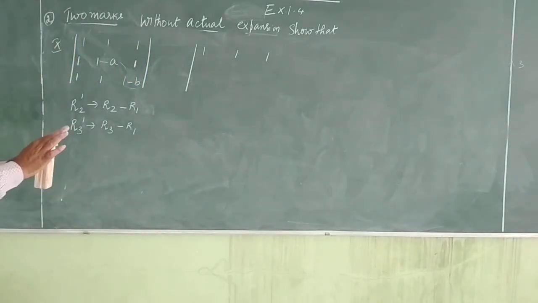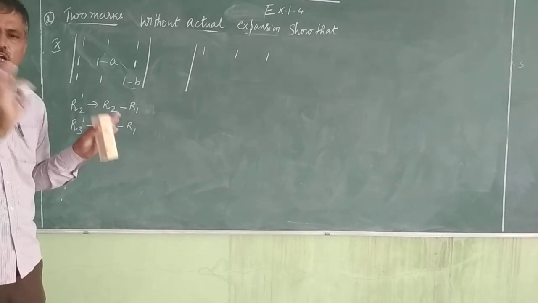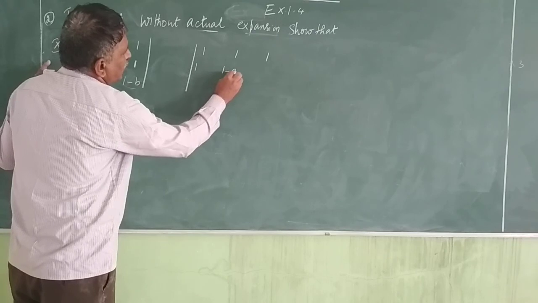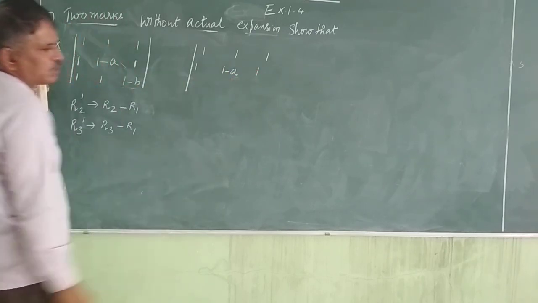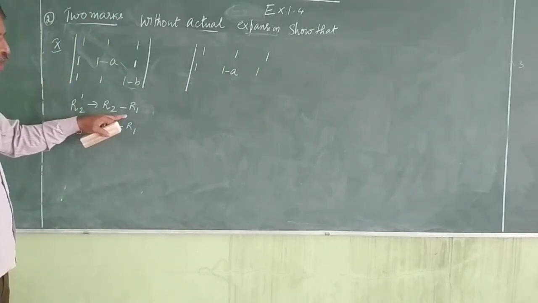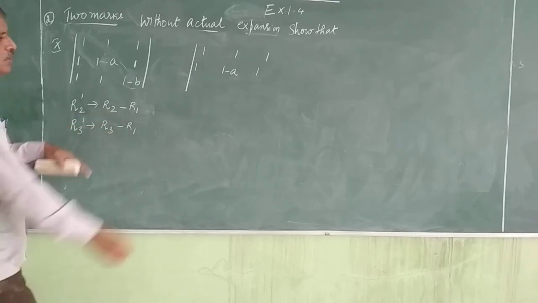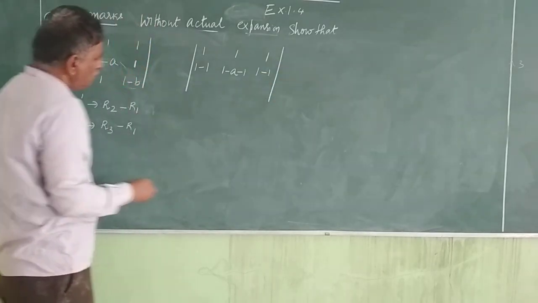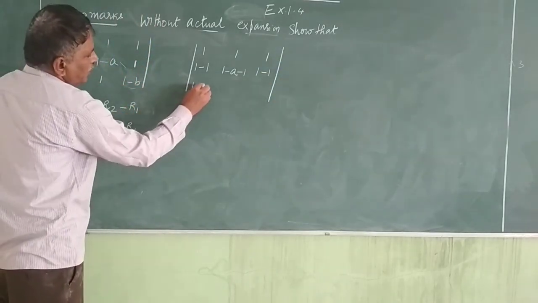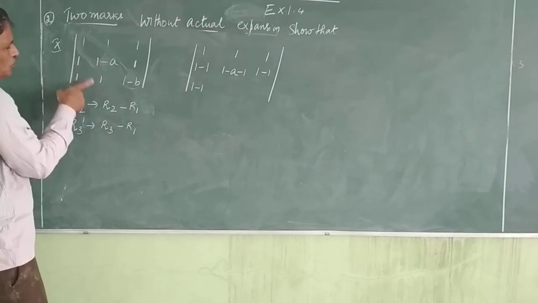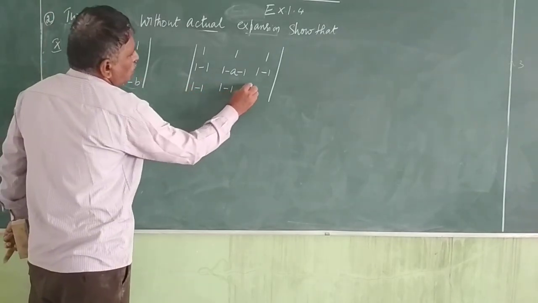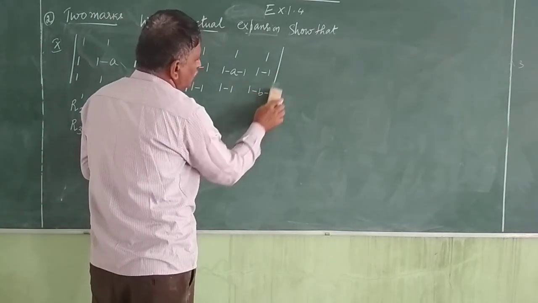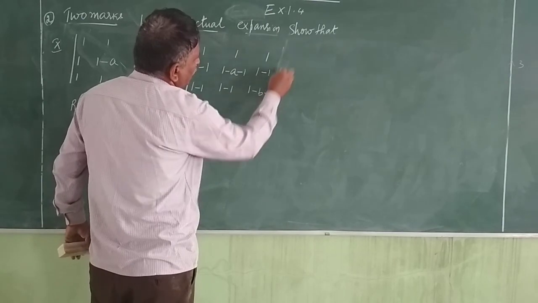We are supposed to change only the second and third rows. What is the second row? 1, 1 minus A, 1. For the second row, I need to subtract the first row: minus 1, minus 1, minus 1. Similarly for the third row: 1 minus 1, 1 minus 1, 1 minus B minus 1, which is 0, 0, minus B.